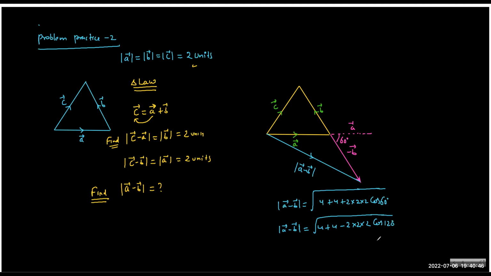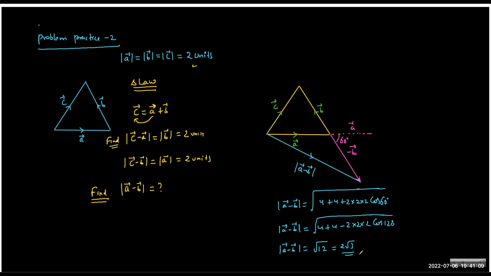So no matter which formula you use, you will get the same answer. Correct? So how much does it turn out to be? It turns out to be root 12. And root 12 is basically 2 root 3, right? Correct?